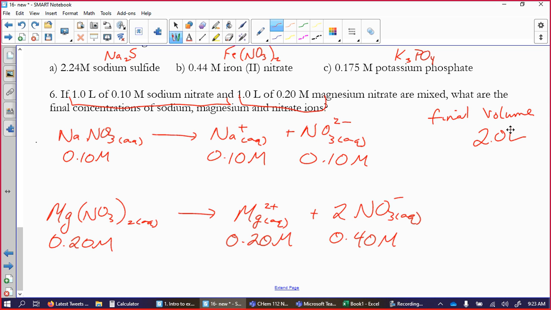Wrong letter, off by 1. 2 liters. So if I now have 2 liters of solution, what do we have to do to all of our concentrations? Cut them in half. So when we do that dilution, this is 0.050 moles per liter.